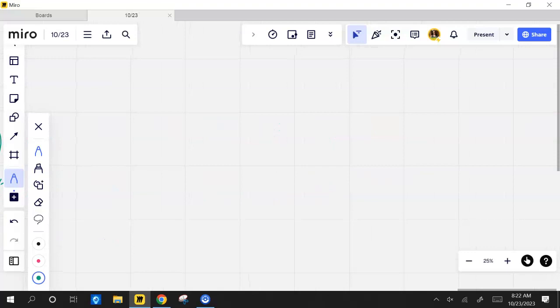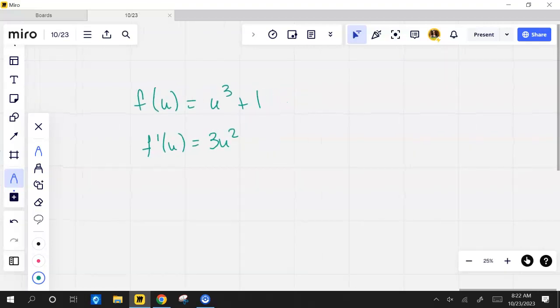Okay. f of u is u cubed plus 1. What is the derivative with respect to u here? 3u squared. Agree? Now it says that u is the same thing as g of x, which is 3 times the square root of x, right?